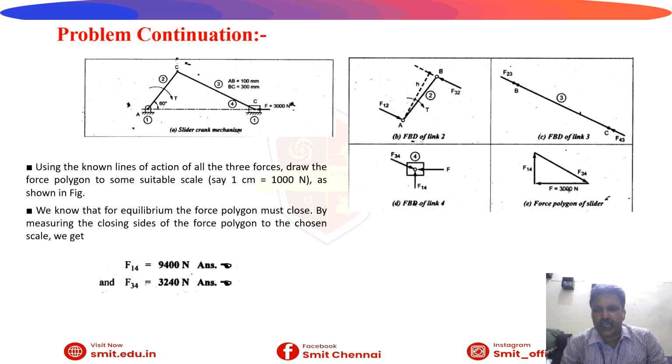A and B have a link with forces F12 and F32, with a torque T. In figure C, BC has a link with F23 and F43. Then all the forces join at one common point. Then we draw the force polygon of the slider. Based on that, we get the final values F14 equal to 9400 Newton, F34 equal to 3240 Newton.